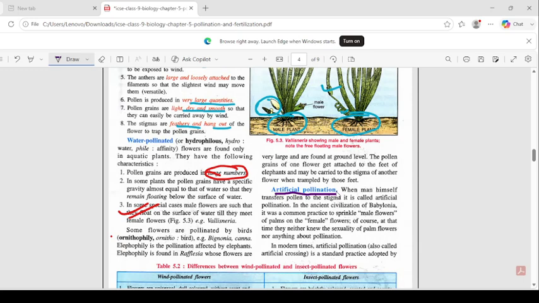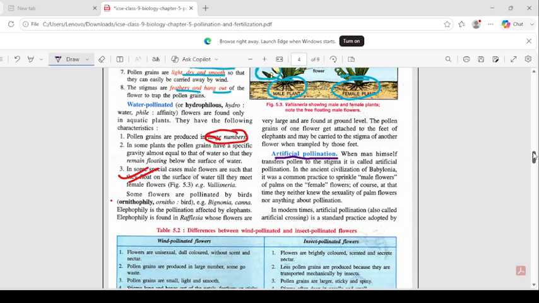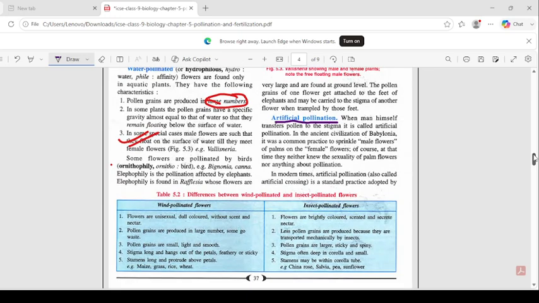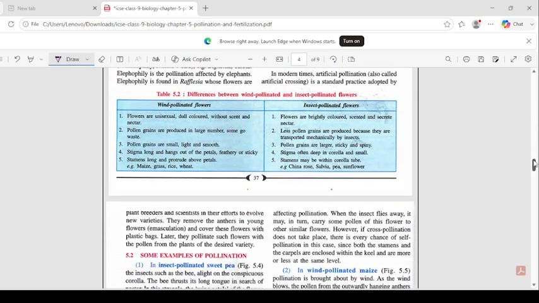First we have to remove the anthers from the bisexual flower, and these anthers are removed before they mature, because once they are mature they will cause contamination in the stigma. So first of all, anthers should be removed before maturation so that the desired pollen grain we can dust on the stigma for the process of pollination.